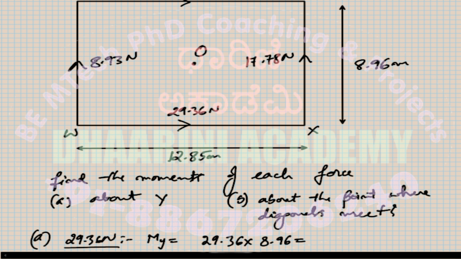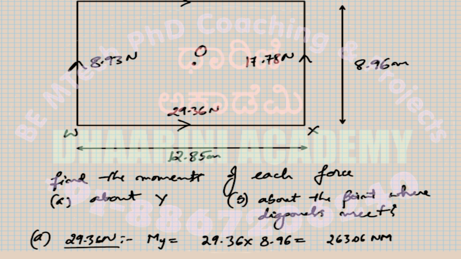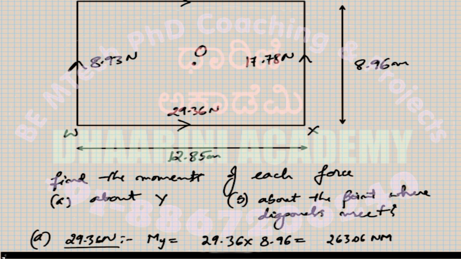So this is equal to 263.06 Newton meter, and I need to decide whether it is positive or negative. This is going to rotate the object in the anti-clockwise direction, right? So this is positive.